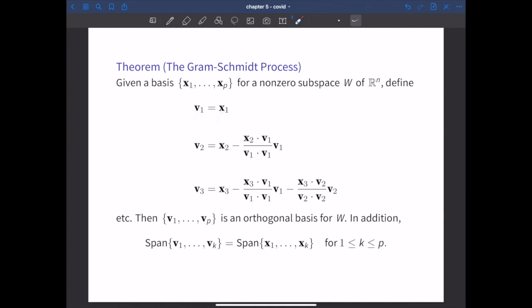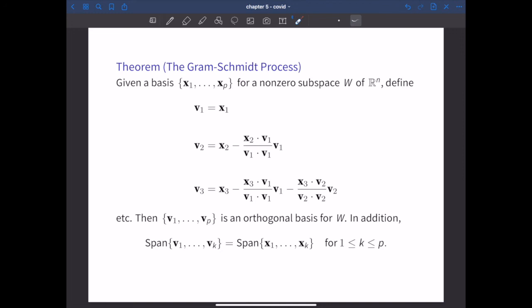Now our second vector in our new orthogonal basis is obtained from the second vector in our original set, but we subtract off of it the projection of the second vector onto the first v vector. By doing that, we're taking x2 and modifying it so that it becomes orthogonal to v1. And that becomes the second vector in our orthogonal basis.